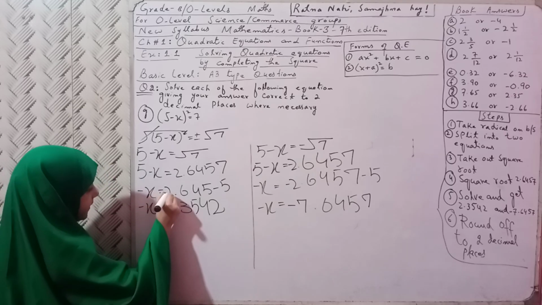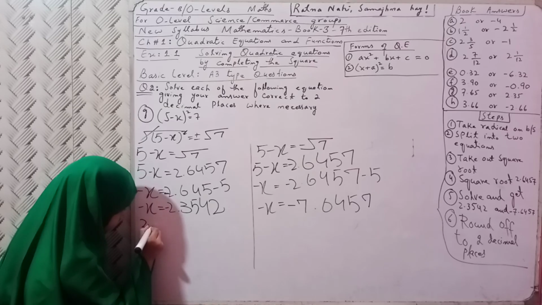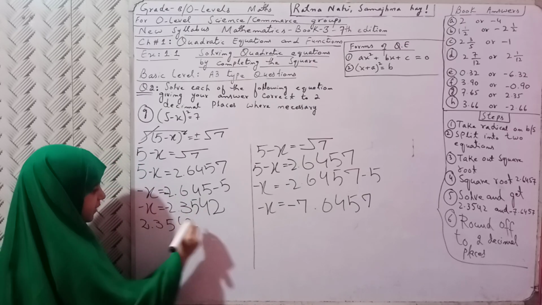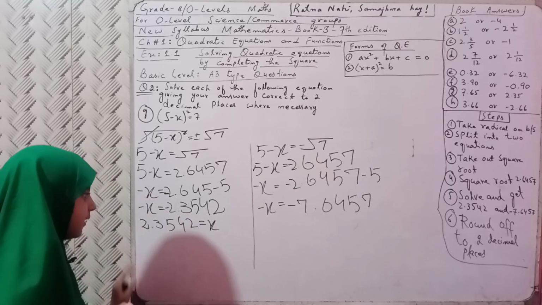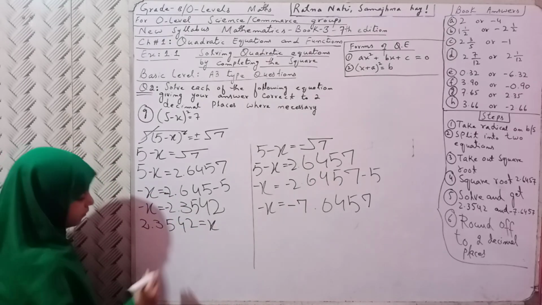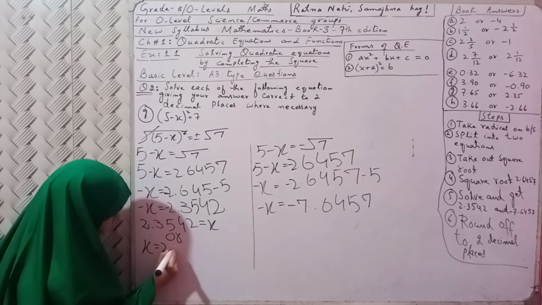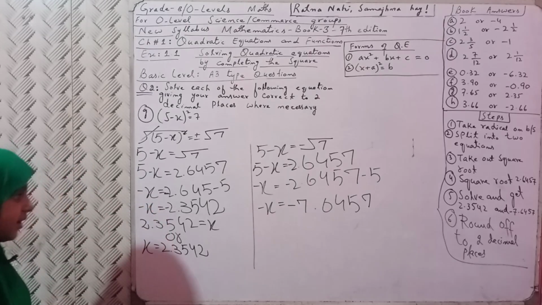I am sorry I didn't show this. Now this will come plus 2.3542, is equal to x. We have to put this x here, that's why we can write or x is equal to 2.3542. We have taken out this.